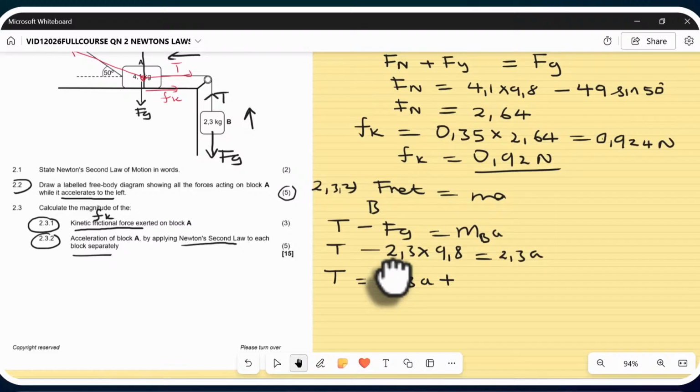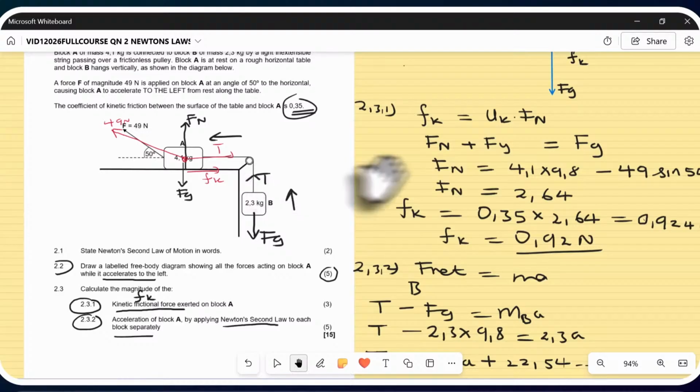Now if you talk about block A, because it is moving to the left, my Fx, if you check my diagram here, the Fx minus Fk minus T equals MA.